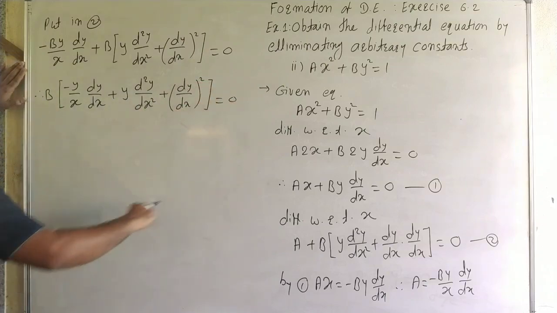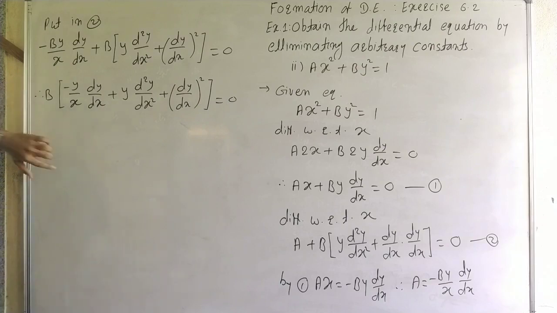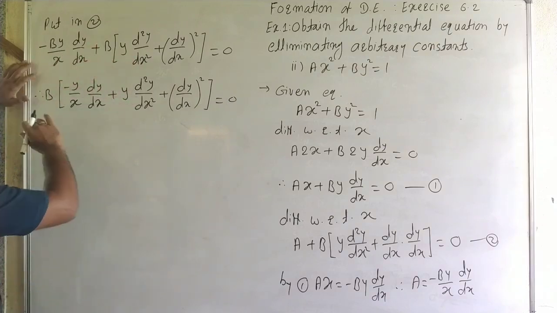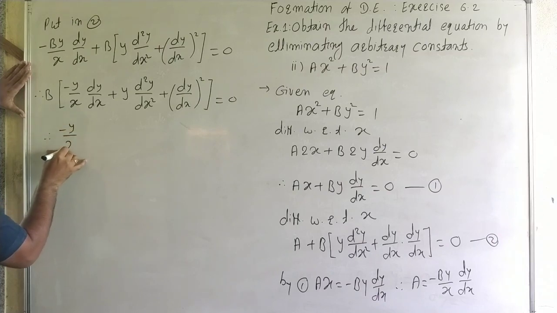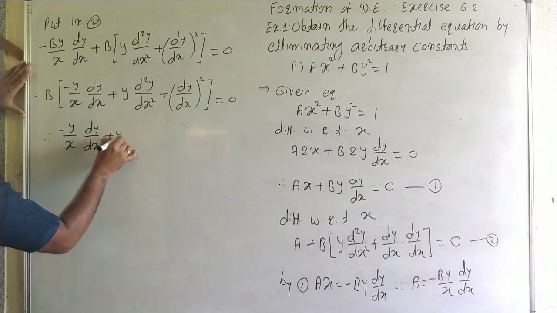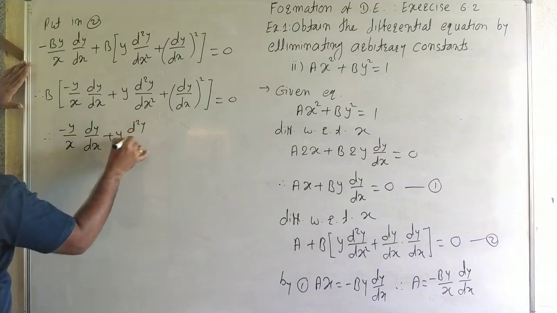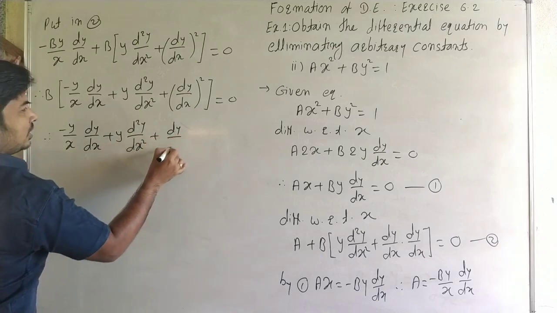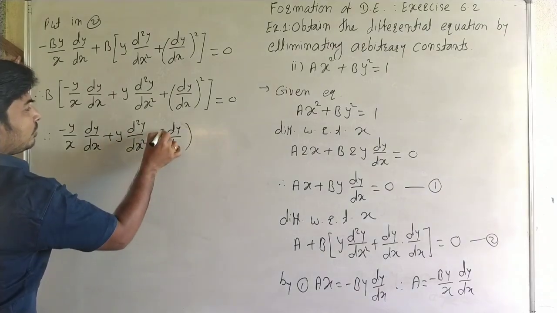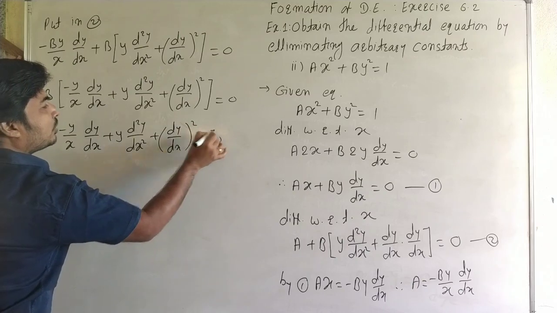Again this b we can write on this side, 0 by b, it is 0, so it is a required differential equation. Therefore minus y by x dy by dx plus y d2y by dx2 and plus dy by dx whole square, it is our required differential equation.